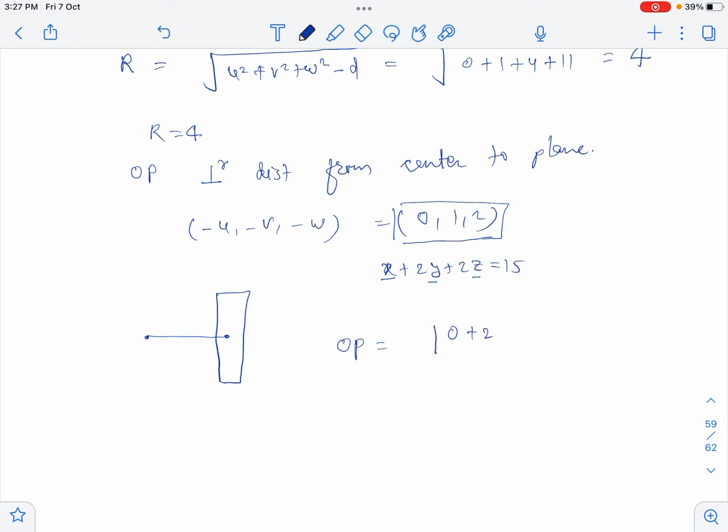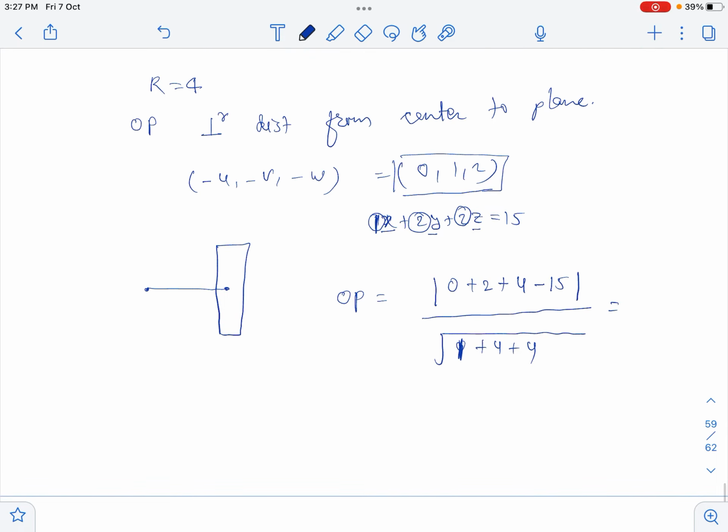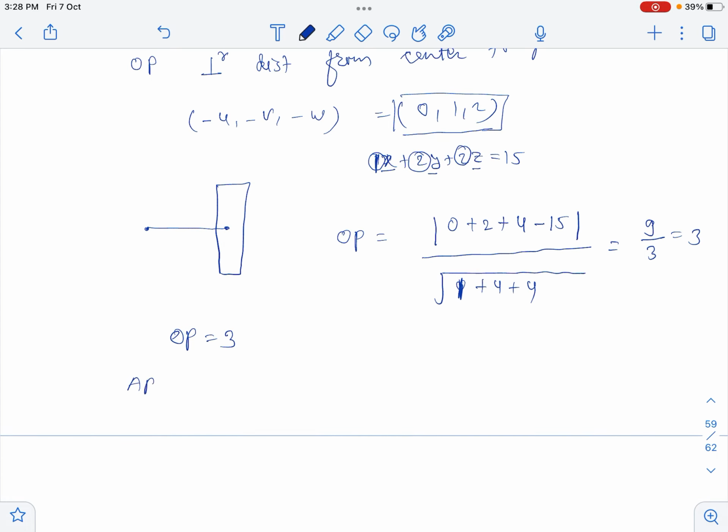So this is mod of 0 plus 2 plus 4 minus 15, divided by, we do the sum of squares of the coefficients of x, y and z, and then take the under root. So this will be 0 plus 4 plus 4, and this will be 1. So the coefficient is 1 here. So this is equal to 9 by 3, that is 3. So OP is 3.